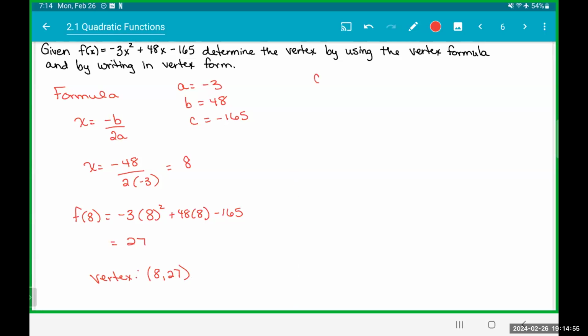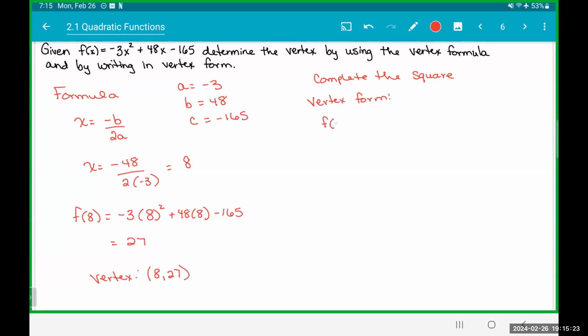Now on the other side, let's complete the square to determine what our h and k are, so that we can see if they are the same as this solution. And they should be. If not, we maybe made a mistake somewhere. So this is completing the square, to get vertex form.